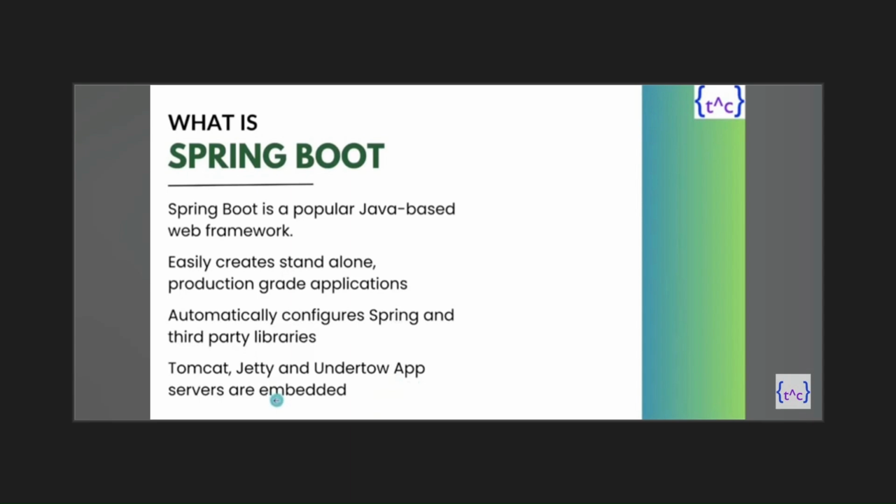Spring Boot is a popular Java-based web framework which makes a developer's life very easy. It automatically configures Spring and third-party libraries, and it comes with a Tomcat server embedded in it. By default, Tomcat works as the default server and it provides a lot of dependencies. These are a couple of points I took from the Spring Boot official website.